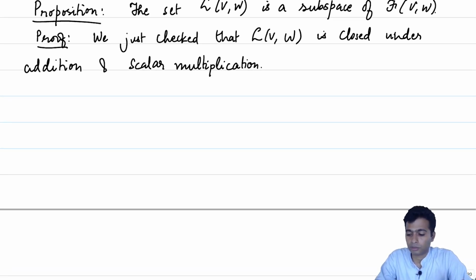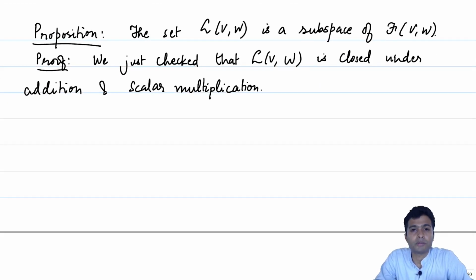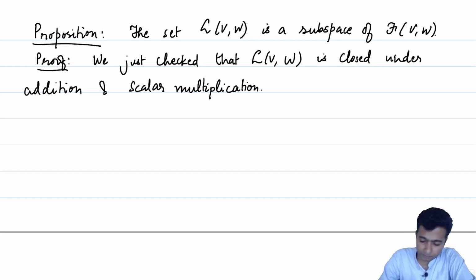So we get from this proposition that the space of all linear transformations from V to W is a vector space. All right.